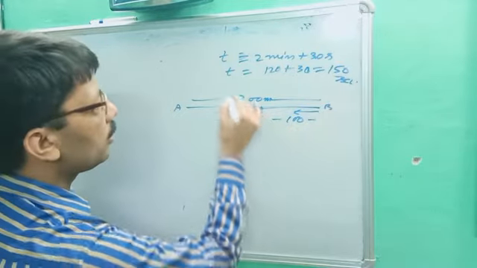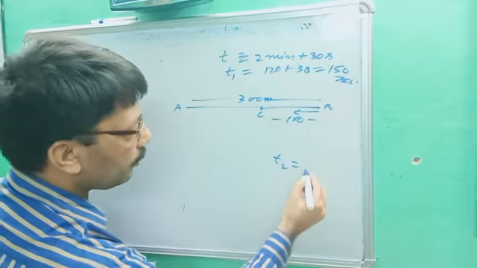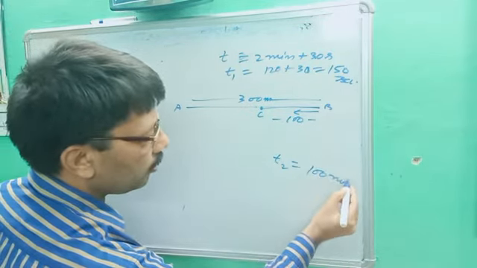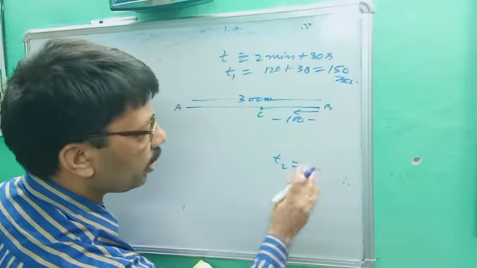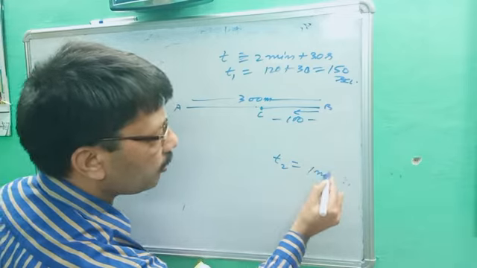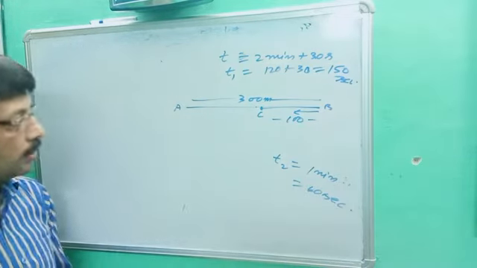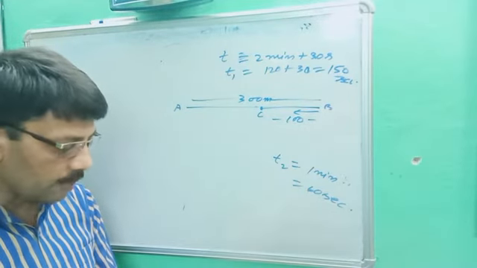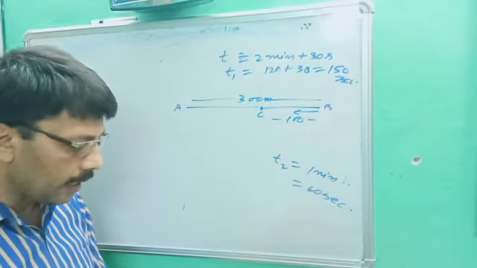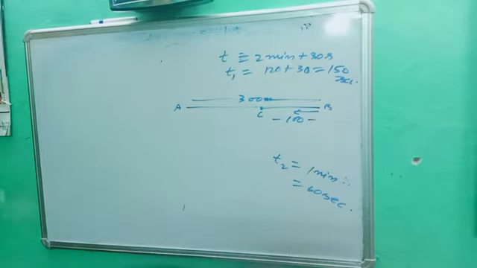That time is T2, and it is 1 minute, which means 60 seconds. Now find Joseph's average speed and average velocity from A to B and A to C.